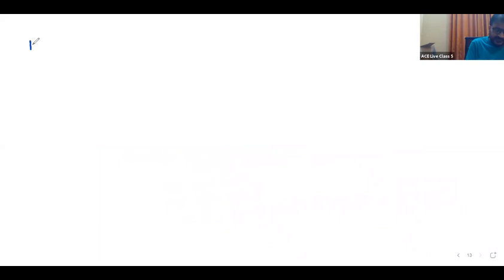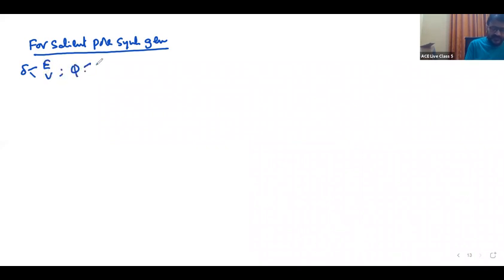this is for the salient pole synchronous generator, the alternator, you know. Delta is the angle between E and V. Phi is the angle between V and IA.